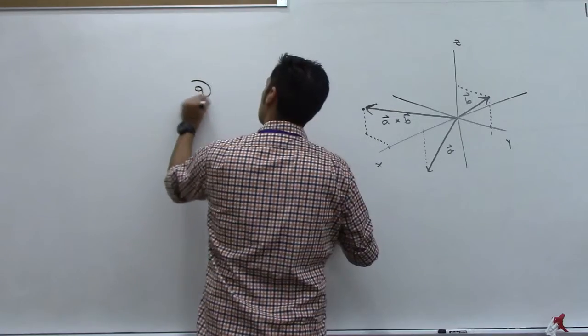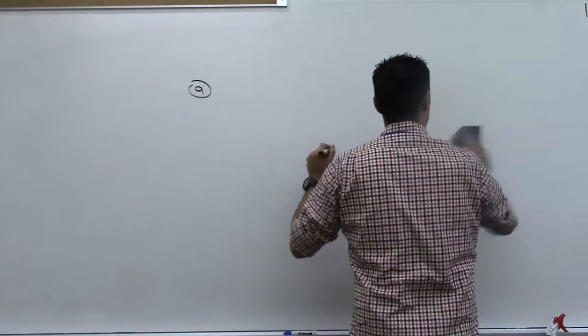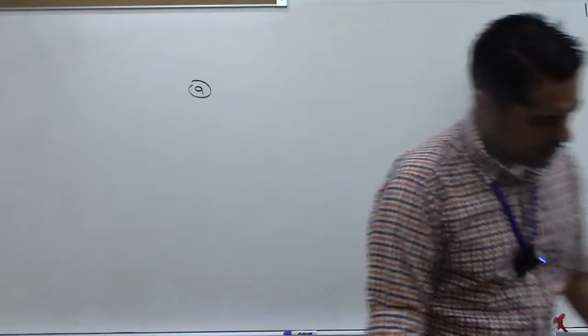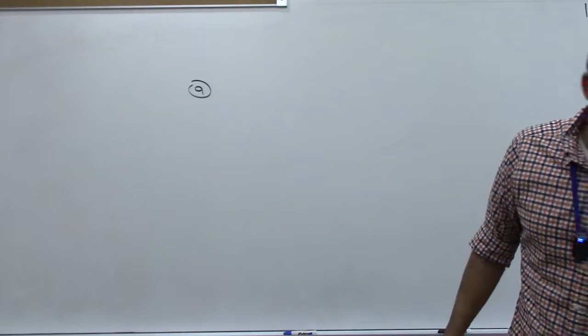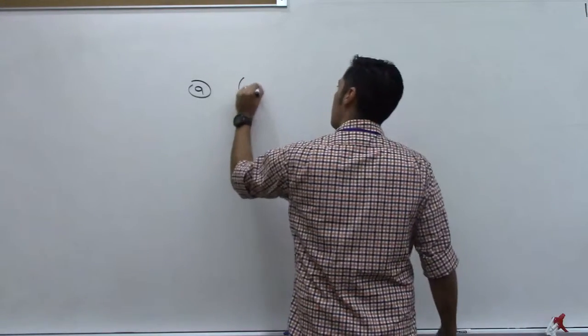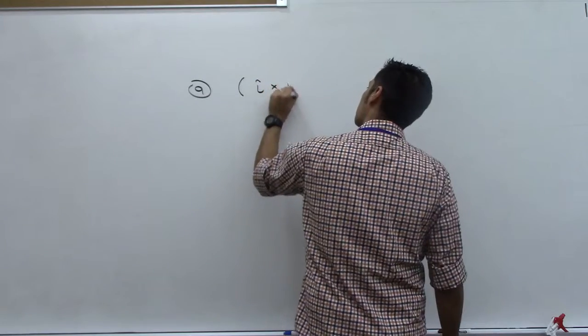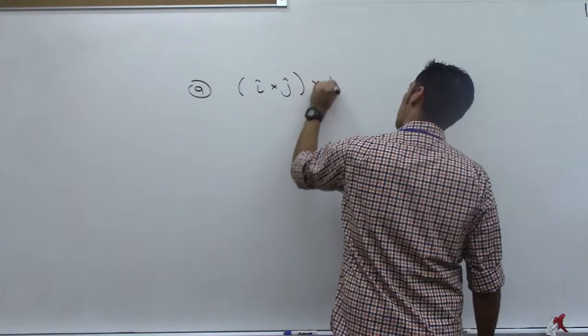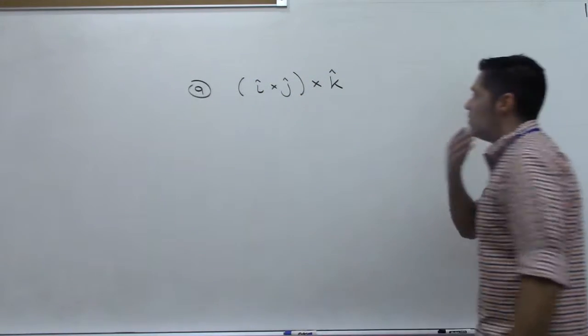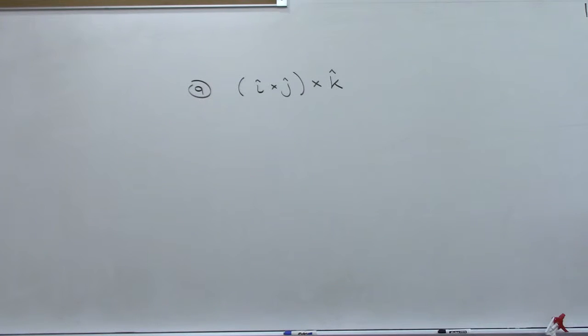So for 9, they're giving you i cross j cross k. So i hat cross j hat, and then cross that with k hat. And they want you to find out what this is without actually doing any computations and just using properties.